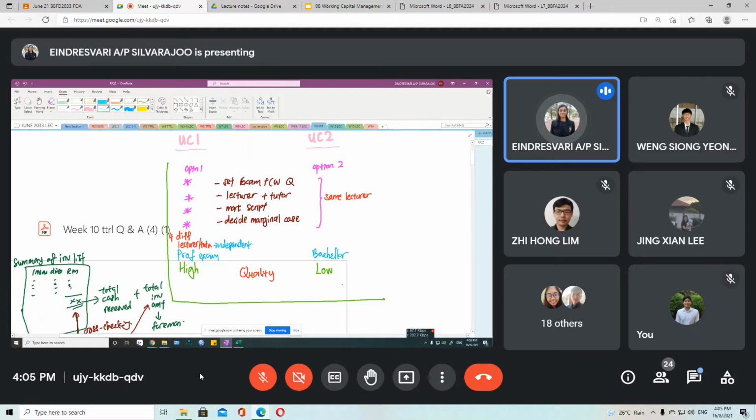So when it is done independently, of course the cost is also high, correct? Control wise, very good control, but the cost is high.